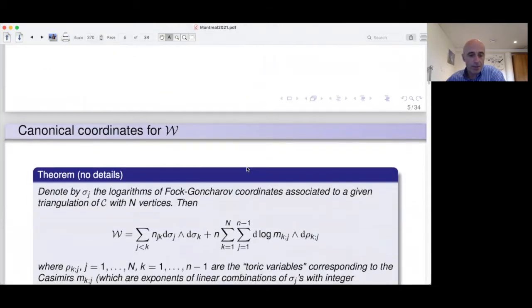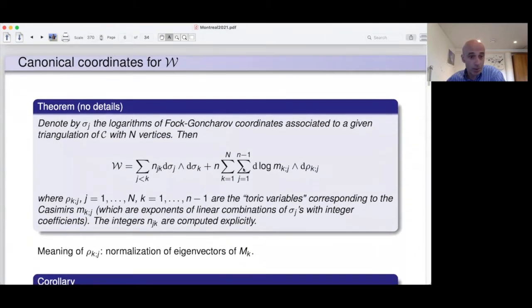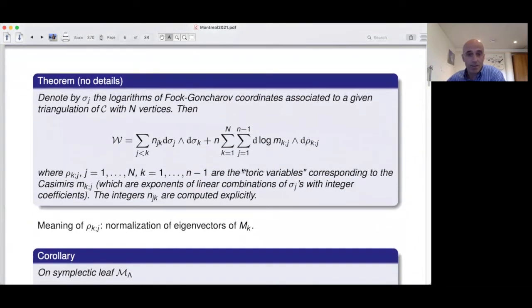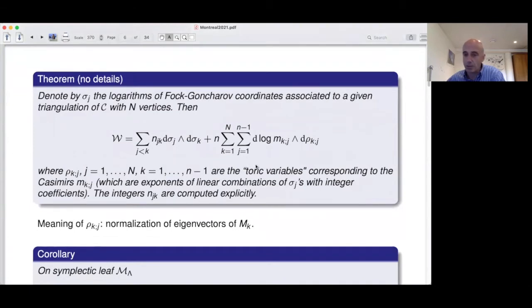Now, the main theorem of the first part of the talk is the following. Let's introduce the logarithms of Fock-Goncharov coordinates, which I didn't introduce yet. The m's are related to the eigenvalues of these matrices lambda, and the rhos, these additional variables, you can look at as normalization factors for the eigenvectors of the local monodromies. And the sigmas are logarithms of Fock-Goncharov variables. This is a pretty tentative formulation because I don't want to be very technical at this point.